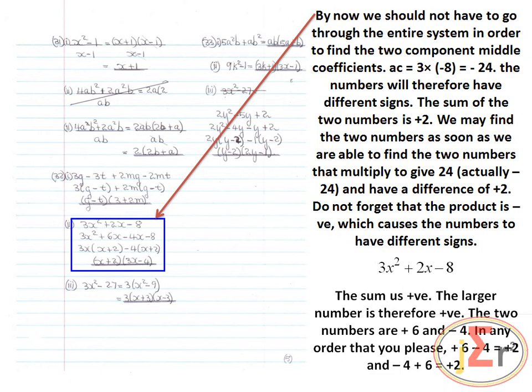For 24, we can run the factors in our minds, and we will see that 12, 2, a difference of 10, 8, 3, a difference of 5, and then we have 24 with 1, that's a difference of 23, and we know 6 and 4, we have a difference of 2, so that's the one, and a positive 2 means that the larger one is positive.